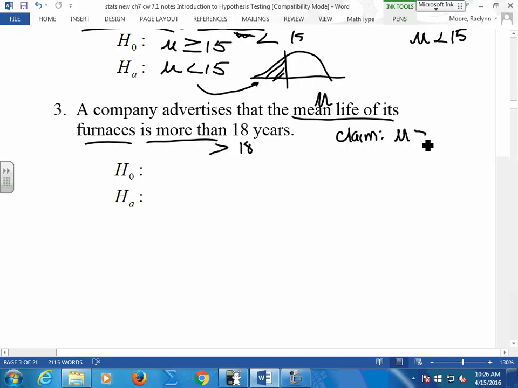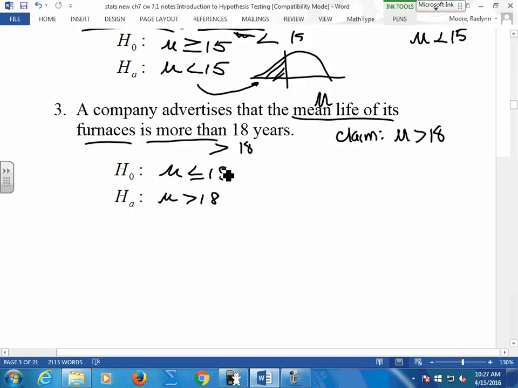U greater than 18. Good. Is that an HO or an HA? HA, because there's no equal sign. So your claim is HA. The HO always has an equal sign. Your claim could be either one. So the other one is less than or equal to 18.